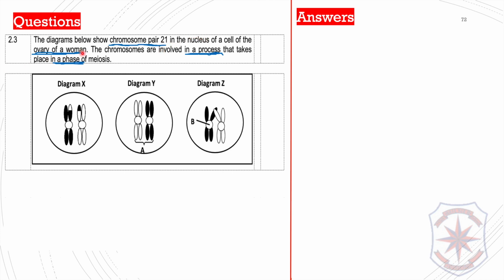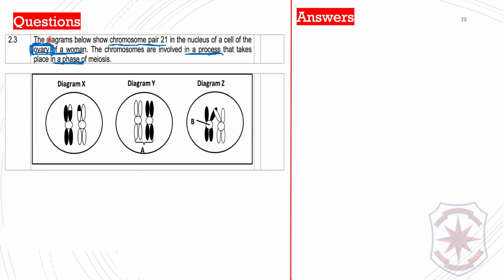The nucleus of a woman, in a cell of the ovary of a woman. Cell of the ovary, not ovum, ovary. Right? Remember what we said about somatic cells and gametes? Any other cell of the body besides an ovum or a sperm is a somatic cell, meaning it has two sets of chromosomes with 46 chromosomes in total.